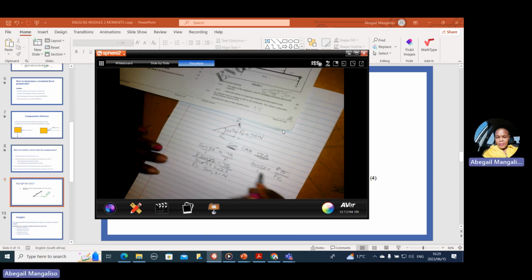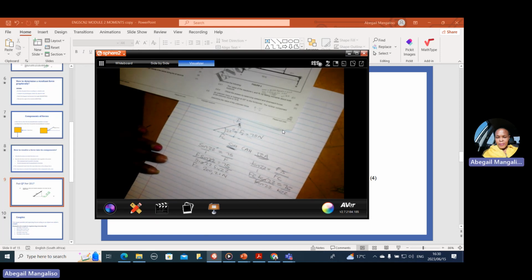You cross multiply, and this will be Fc tan 22 equal to 75. Now to make Fc the subject, you divide both sides by tan of 22.